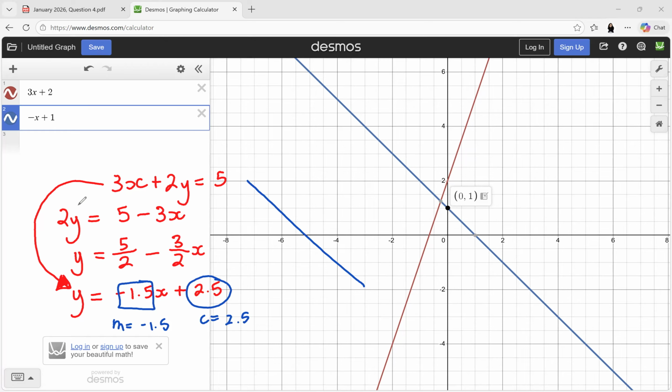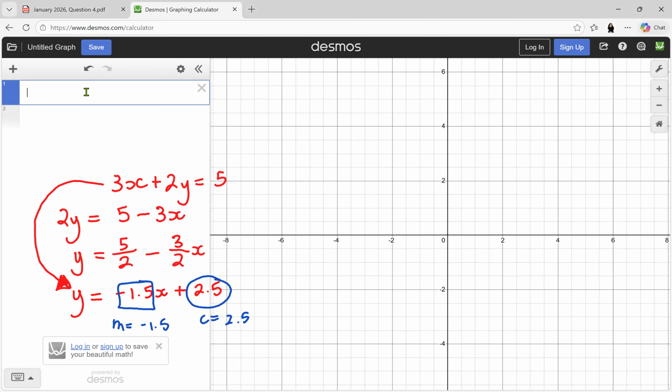So let's see what that looks like. If I were to enter the value, negative 1.5x plus 2.5. Guys, you see, it's a line that's decreasing from left to right, cutting the y-axis at 2.5.